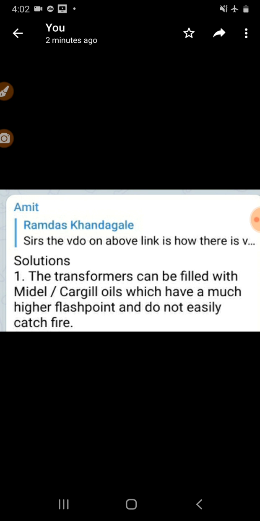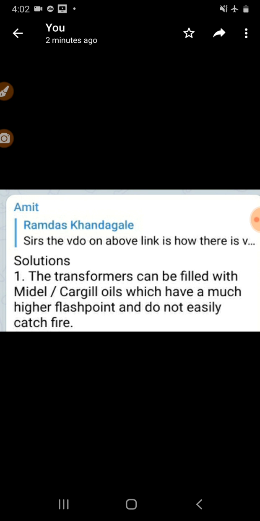Here viscosity is required to be low, low volatility and high flash point, low solvent power. This should be cheap and easily available.